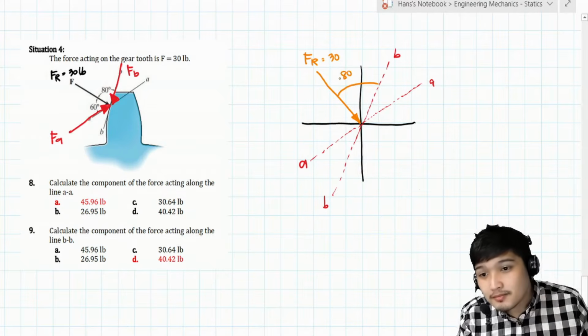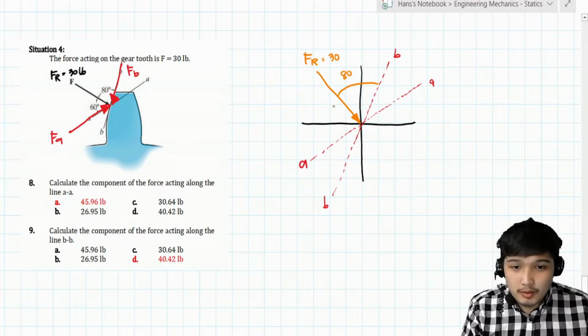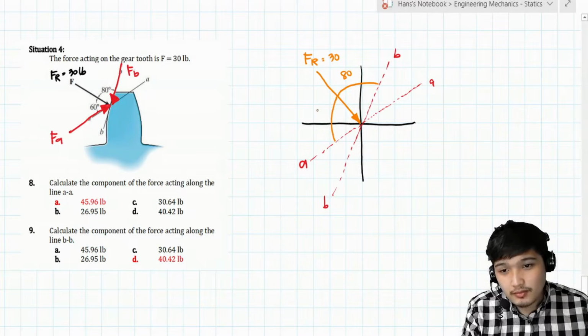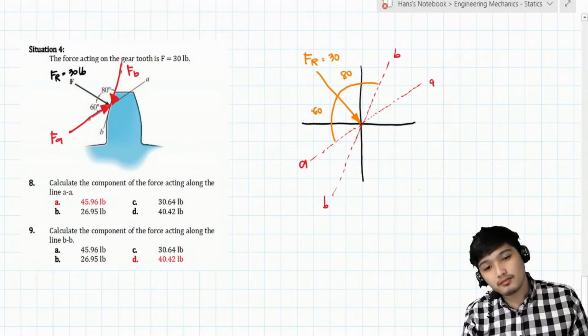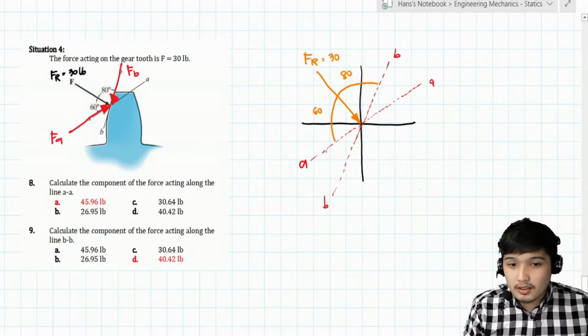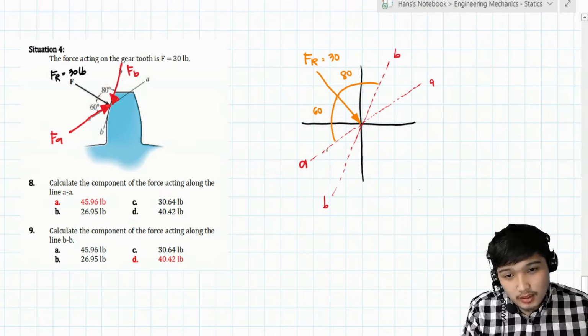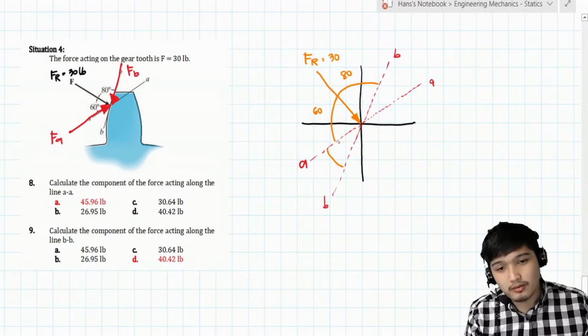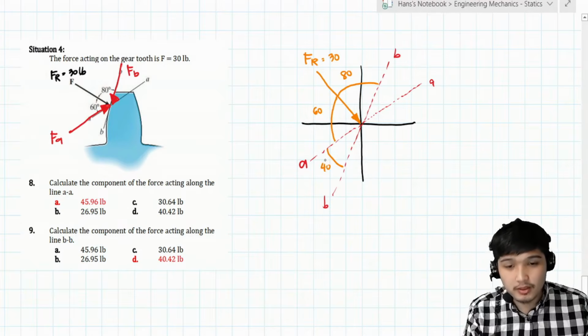And then, papunta dito, papunta sa AA, ang angle naman niya is 60. Tama? 60. Oh, so, ilan yung matitira dito, class? Kailangan pa ba yun? Sige, lagyan na rin natin. So, kung 80, 60 yan, so straight line yung BB. So, 80, 60, 140. So, this one is 40.